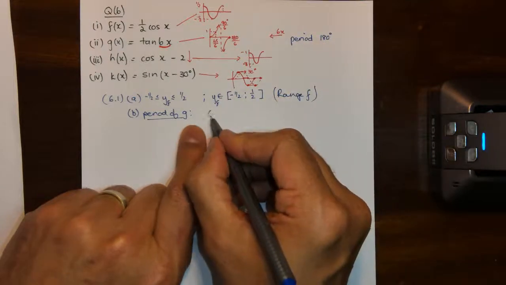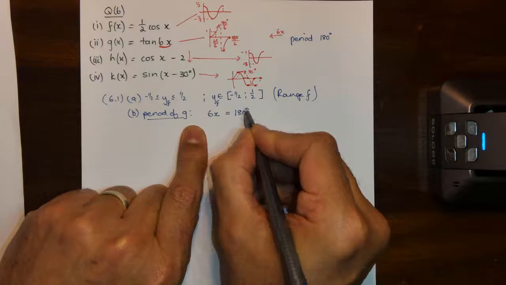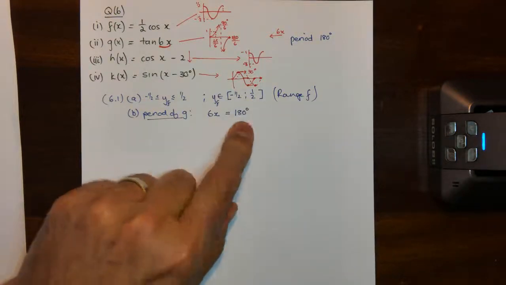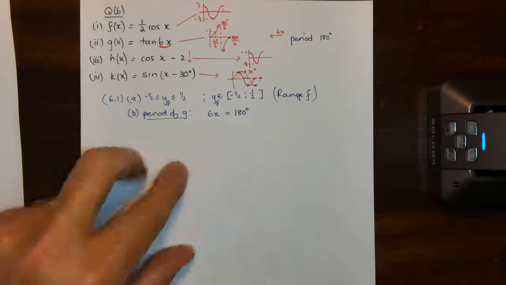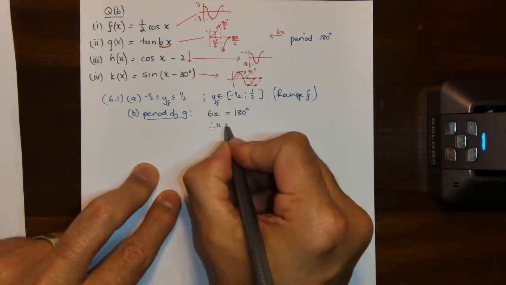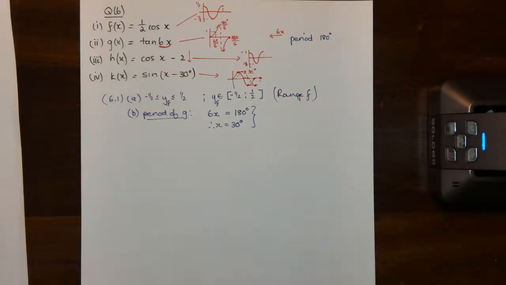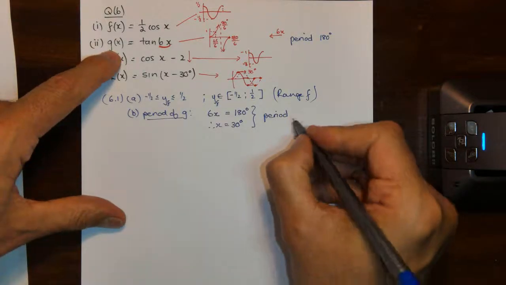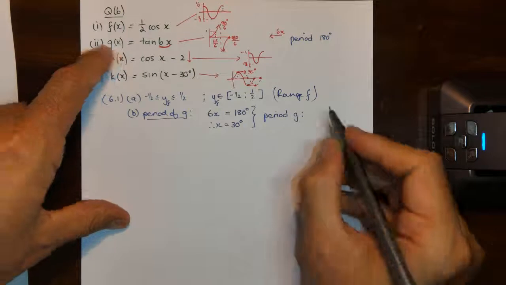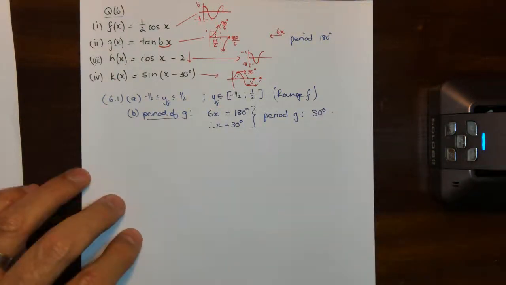Now we have the tan of 6x, so the 180 degree period does not relate to x but to 6x. So if you divide both sides by 6, it will give you 30 degrees. So the period of the function g will be 30 degrees. That was a full 1 mark.